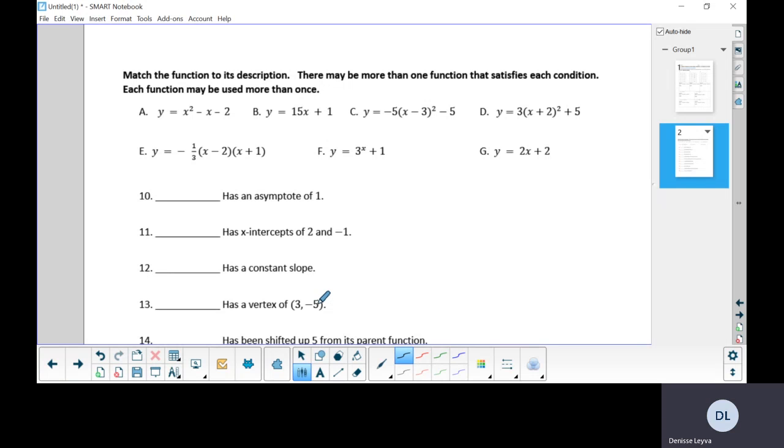Now, before I start, I will determine what each function is. For example, if you look here, I'm going to use highlighters.